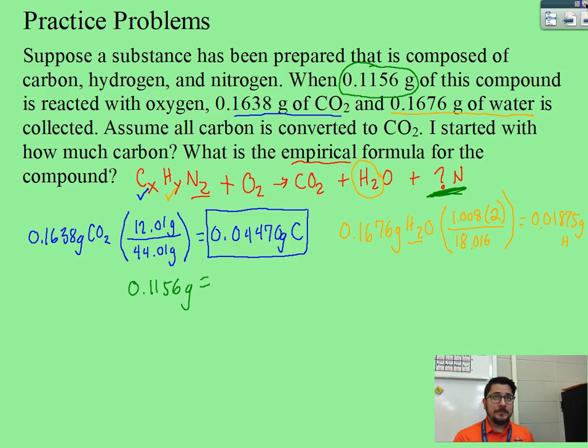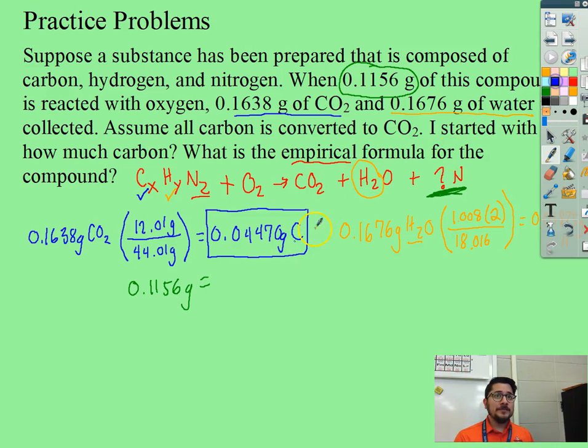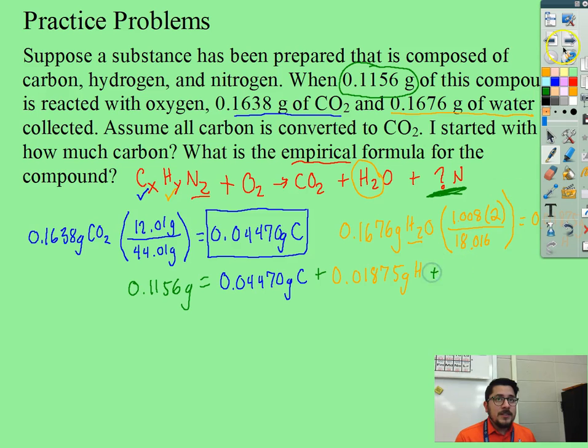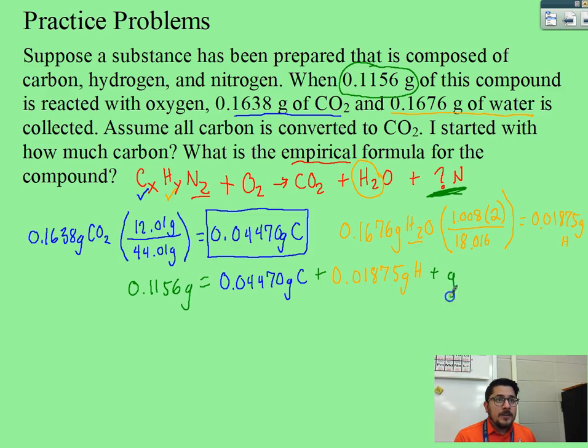For example, I have the total right there. I know 0.04470 grams of it is carbon. I know that the number on the side, here we go, 0.01875 grams of it is hydrogen. And so I need to figure out how many grams of it is nitrogen; I'll put an X grams of nitrogen.